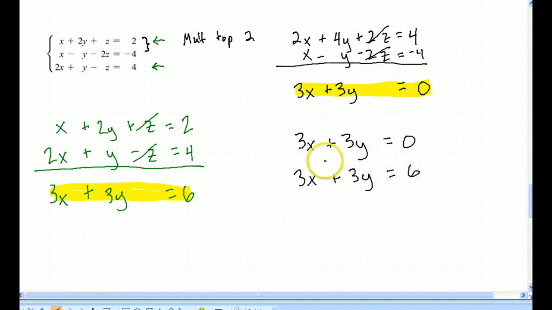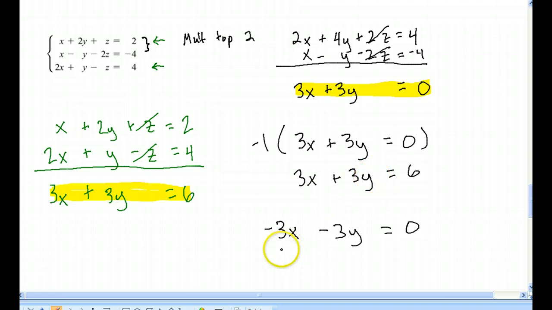Remember how we solved this. This is the 2 by 2 system. So if we're going to solve this by elimination, I'm going to multiply one or both rows by something to get a sign change. So I'm going to multiply this one by a -1. That gives me a -3x minus 3y equals 0. Right? 0 times -1 is still 0.